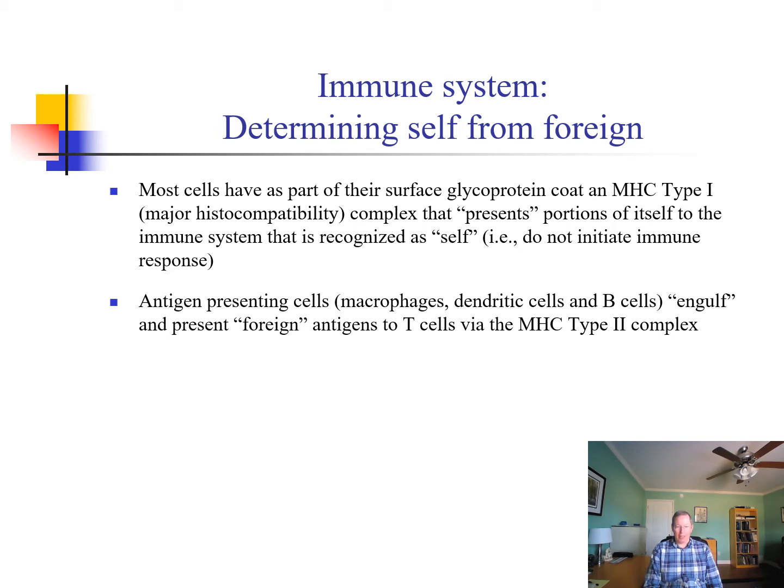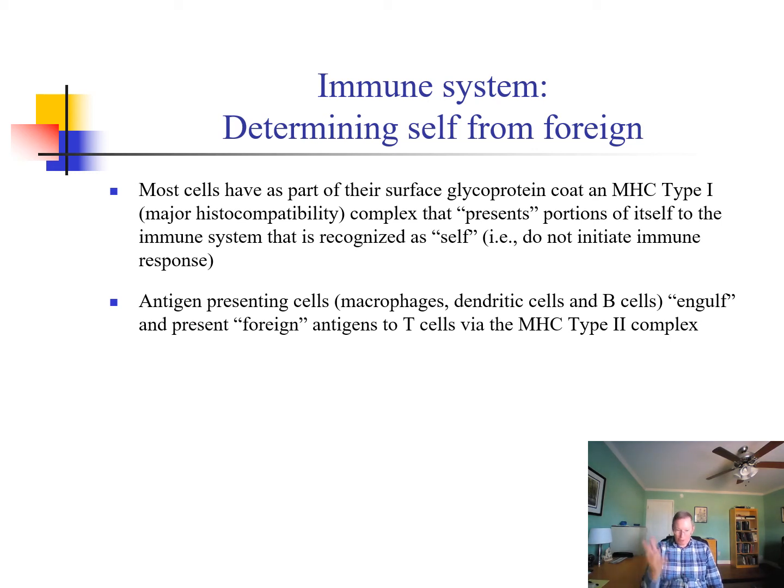The first thing is that most all of the cells in your body will have a proteoglycan, which is an MHC, major histocompatibility complex, type 1, present on almost all of your cells, that says, I'm part of your body. Do not initiate an immune response.